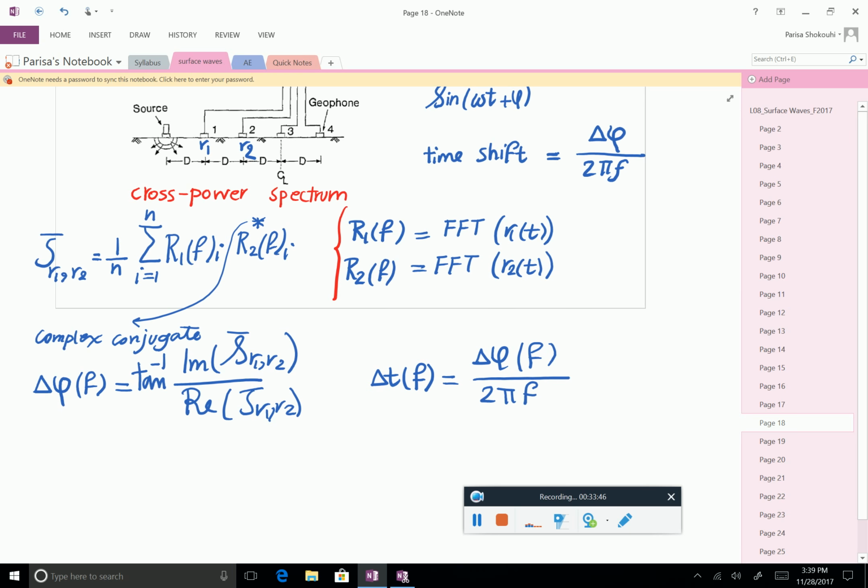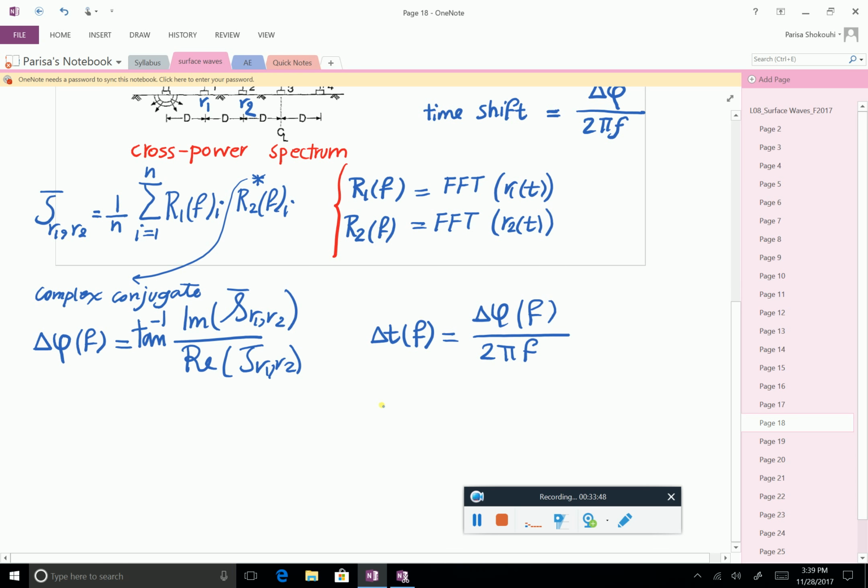And of course, when we have the time shift, if you want to calculate the phase velocity, you just take the distance between each pair of transducers, d, and you divide it by the time shift. And you can see that if the time shift is a function of frequency, this also becomes a function of frequency.